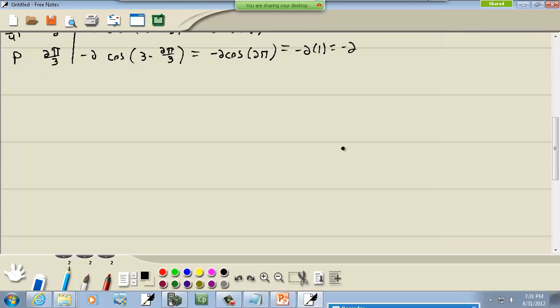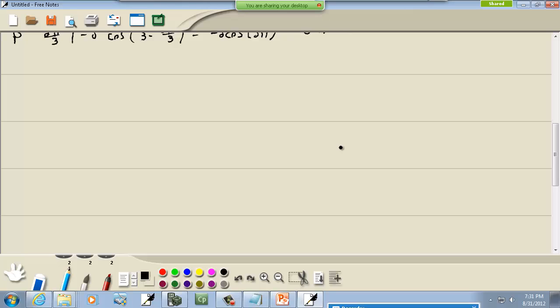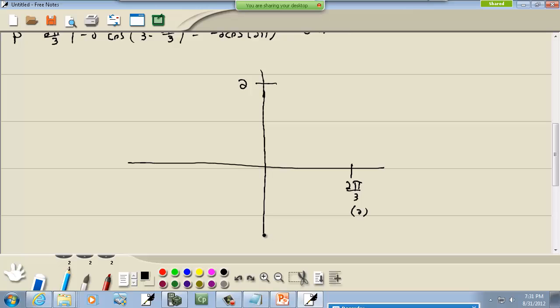Well, okay, that works out decent. If this distance here is 2 pi over 3, which is approximately 2, then this distance here should match the distance right here for 2, more or less. And that'd be negative 2.